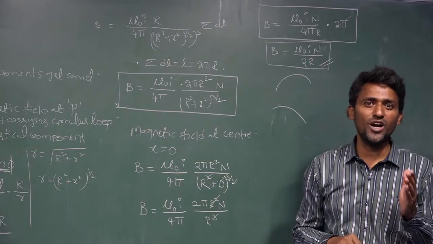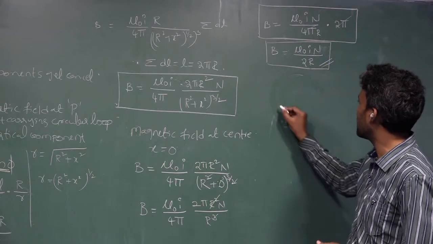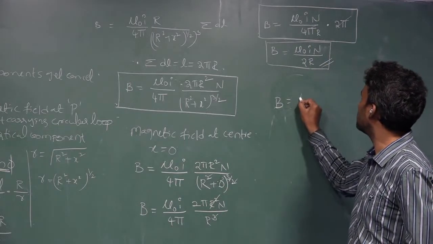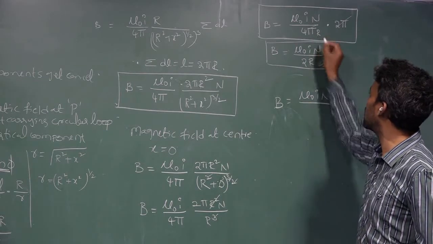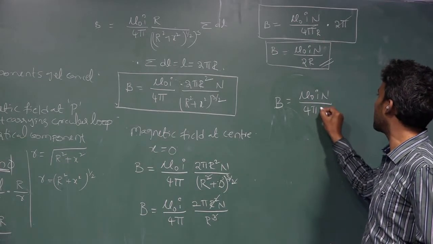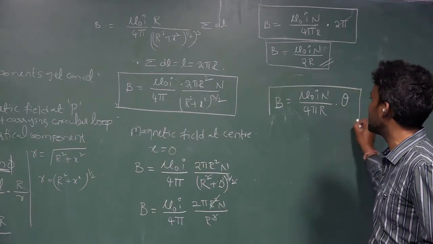If you want to calculate, see here, according to this I am writing the formula. B is equal to mu naught I into N divided by 4 pi r into theta. The 2 pi I am writing as theta.